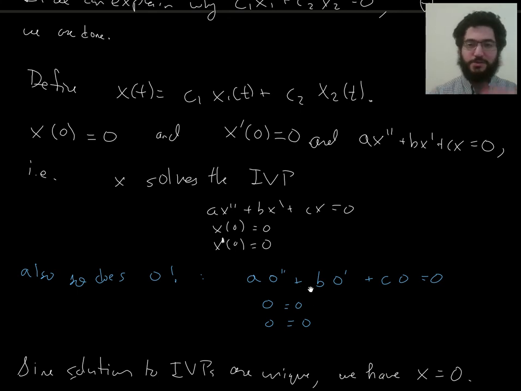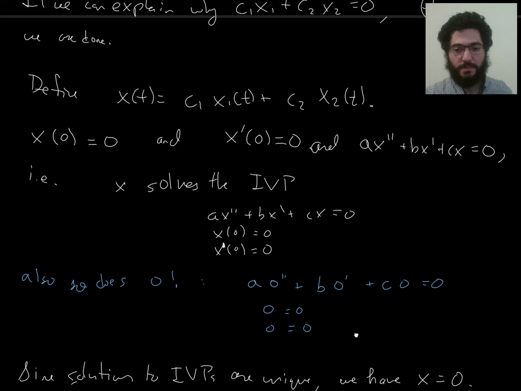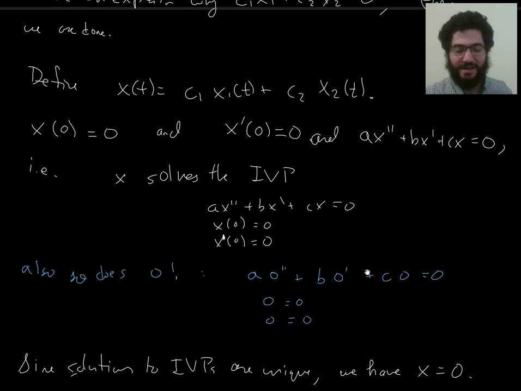So that might make this whole discussion not so satisfying. And if you find it unsatisfying, I don't blame you at all. We're sort of relying on uniqueness of solutions to initial value problems, but that's not something we actually proved. Still, I'd like you to sort of black box that part of things.